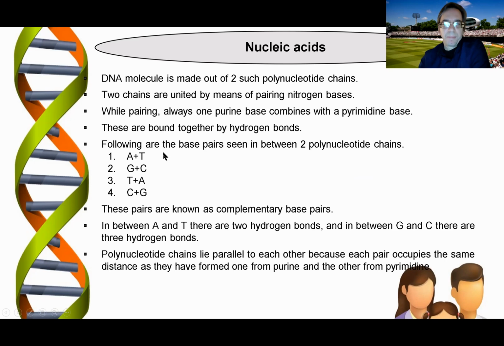So base pairing, how does that work? In a nutshell, there are only certain bases that can pair with each other. I'm just going to show you. Adenine always pairs with thymine. Guanine and cytosine.